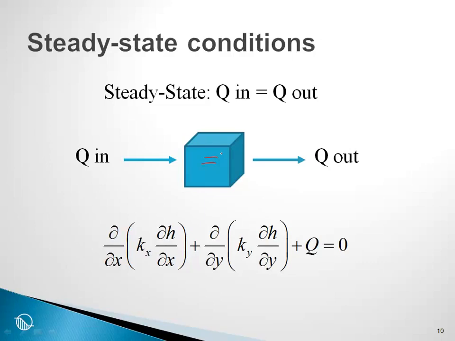That is the meaning of steady state. In other words, the volumetric water content does not change in the soil. There's no additional storage or there is no additional water released, and consequently the right-hand side of the equation turns out to be 0.